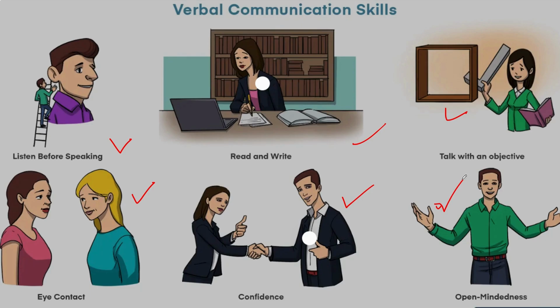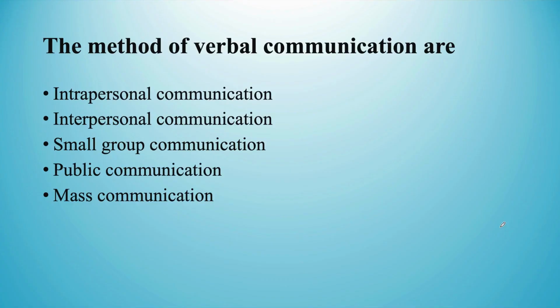Open-mindedness, students, means that you should always be open to others' ideas and views. You shouldn't be rigid. You should always keep your mind open to accept other people's ideas and views. I hope this is clear with you.